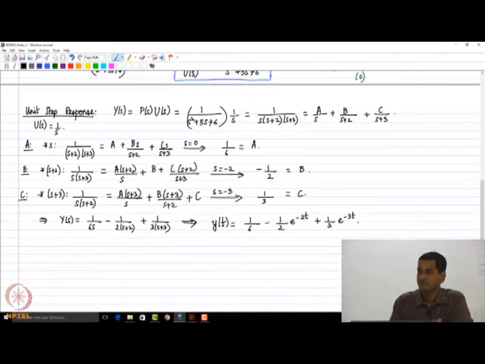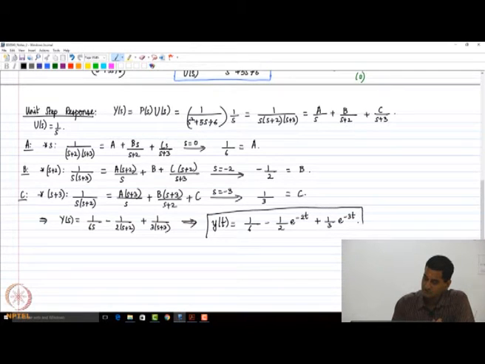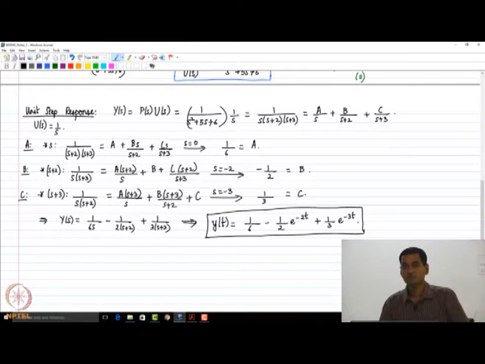Okay, that's what we are going to have. This is the expression for y of t, the step response of the system, or to be more accurate, I should call it the unit step response.